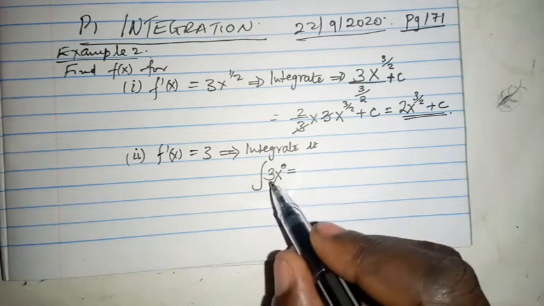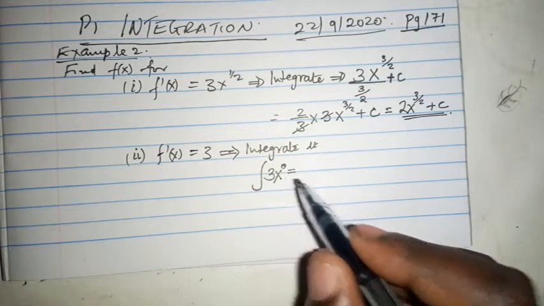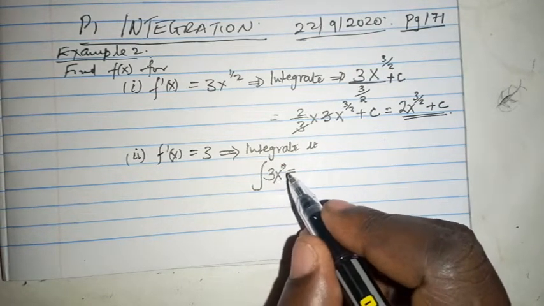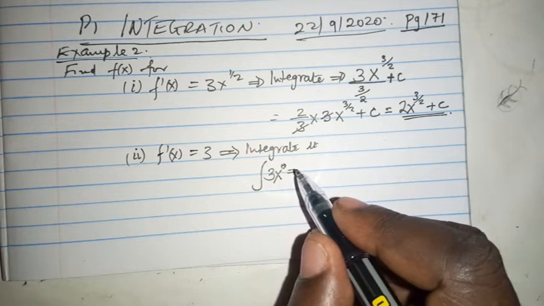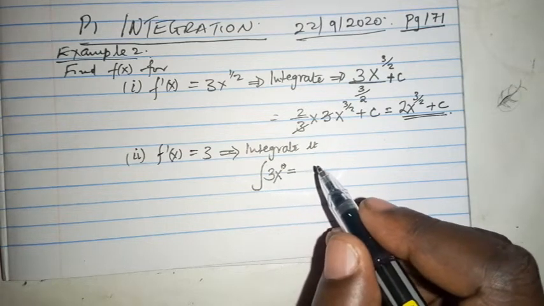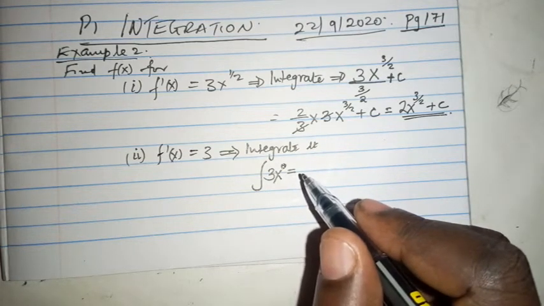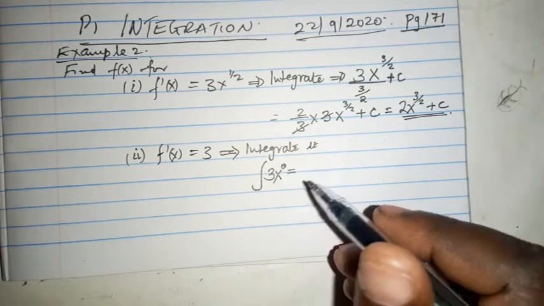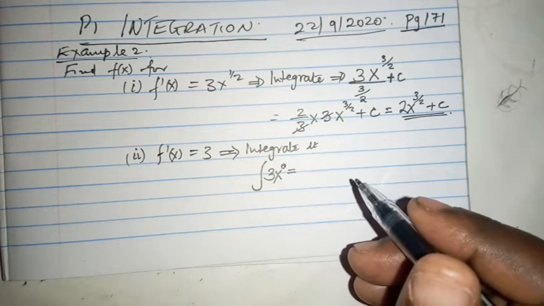And since we have 3 times 1, it remains 3. The reason why I have introduced x here is to bring in the aspect of integration, because we integrate with respect to a variable, x or any other variable.